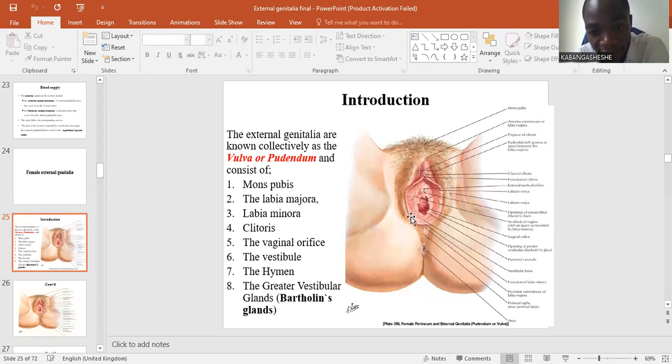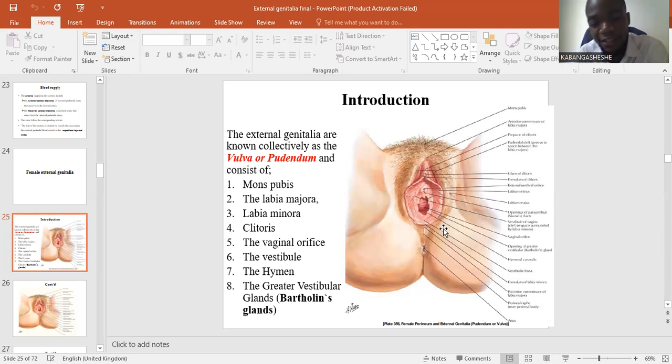Now, to be specific, the space between the two labia majora, we call it the vestibule. So that's where we find the labia minora. Different from the labia majora, labia minora are not skin. This is membrane, mucous membranes. If you remember, we had stratified squamous epithelium. So there's no hair on the labia minora, as you can see.